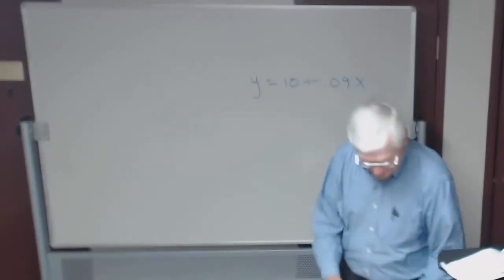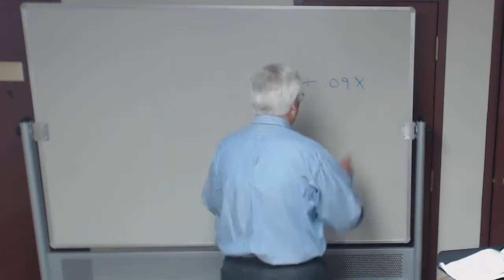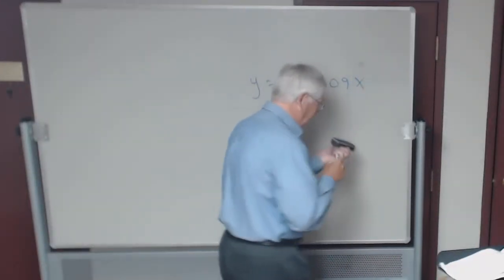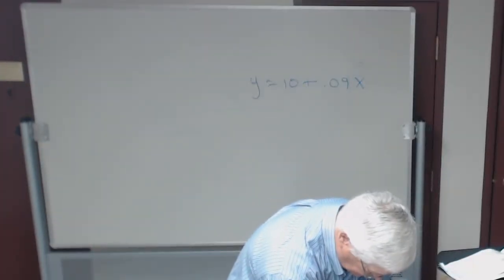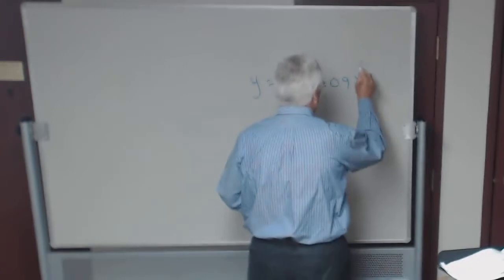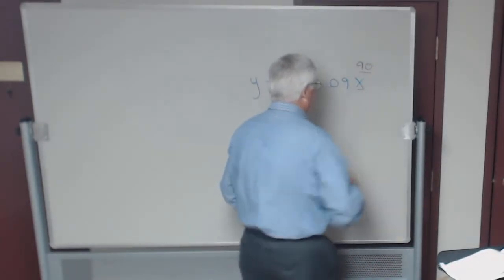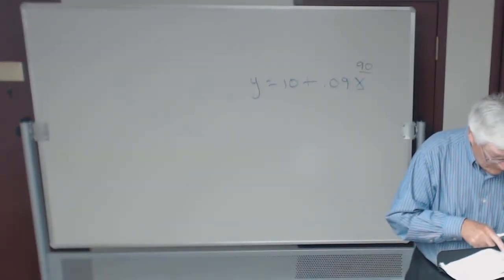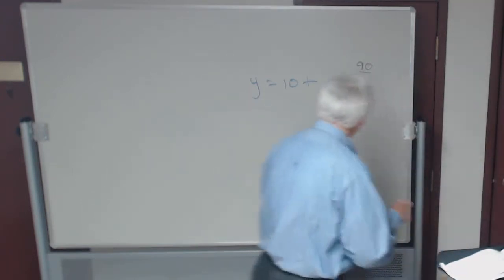So her score, I'll change colors here. Her score was 90. Well, that one's no good. And why is it in there? I don't know. Her score was 90. Okay, that was her score. So, what would be the predicted value of her score on the final exam?